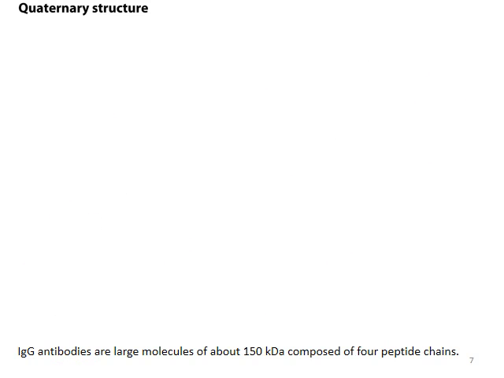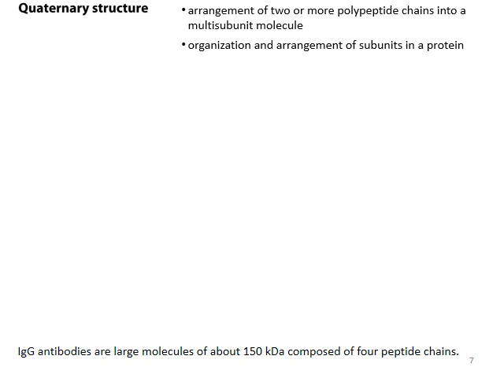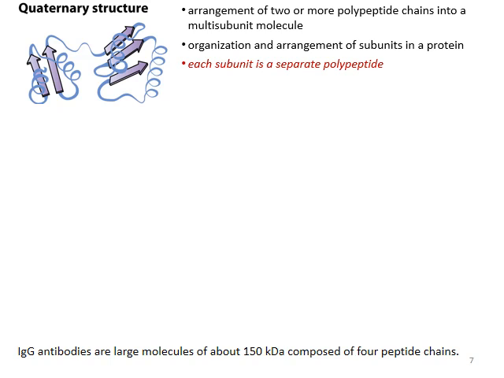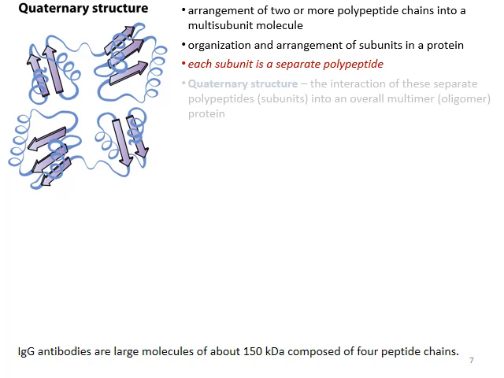Now, quaternary structure is when you have an arrangement of two or more polypeptide chains into a multi-subunit molecule. We have organization and arrangement of subunits in a protein, and each subunit is a separate polypeptide. So a quaternary structure is when you have the interaction of these separate polypeptides, these subunits, into an overall multimer or oligomer of protein.